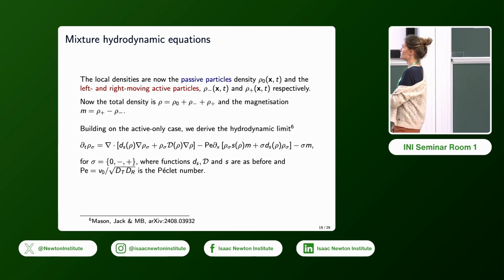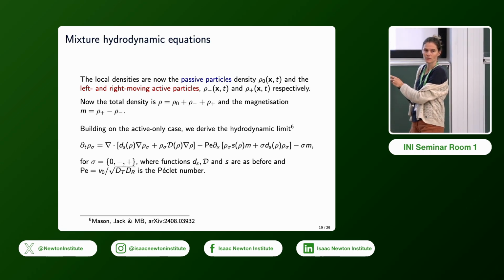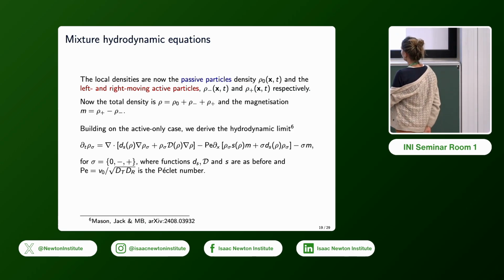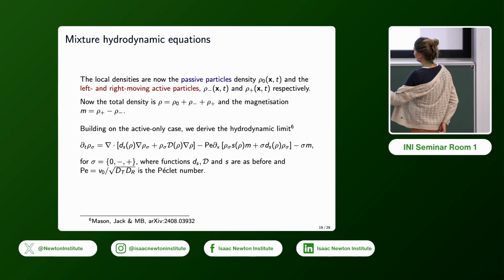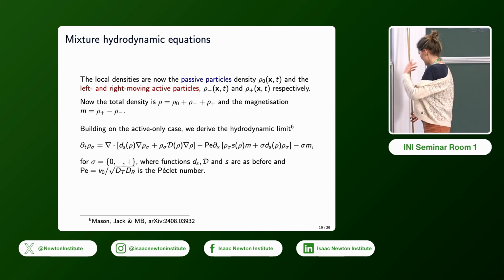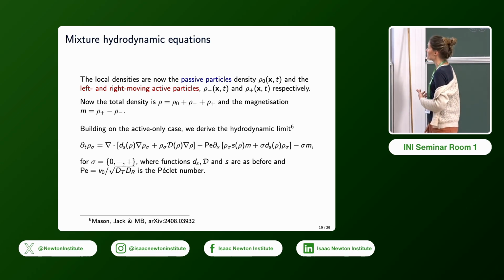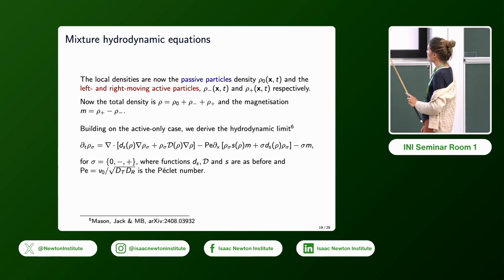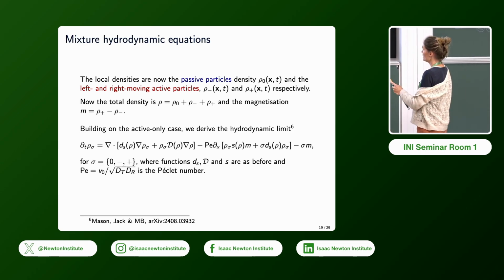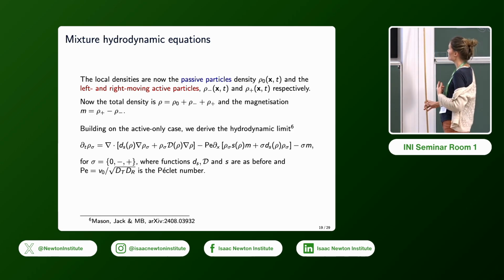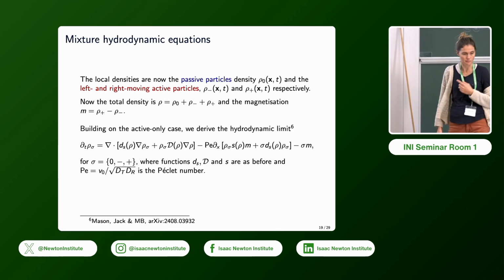But note that if you do a mean field, you don't have this term. So if you did a mean field at this level, the coupling would only occur through here, and the fact that there would be more crowding due to passive particles, but there would be no effective drift acting on these passive particles. And now in this case, rather than the rotational diffusion, we just have the tumbling rate, which of course is only acting for the plus and the minus particles.